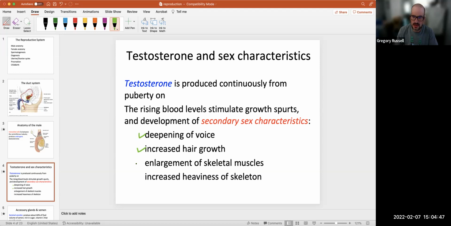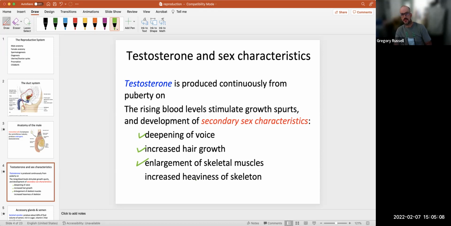In addition, males become more muscular when they hit puberty. We see the enlargement of skeletal muscles, and we also see an increased heaviness of the skeleton, and the primary purpose of that, of course, is to support the increased skeletal muscle mass.